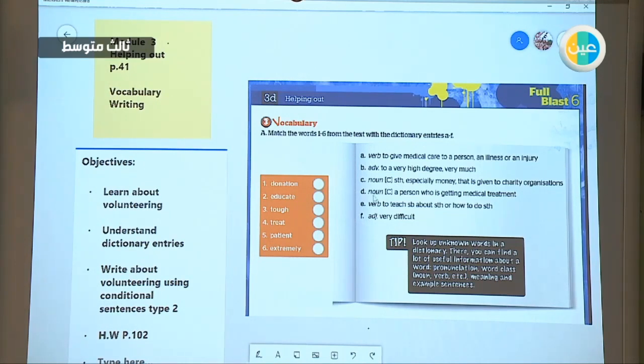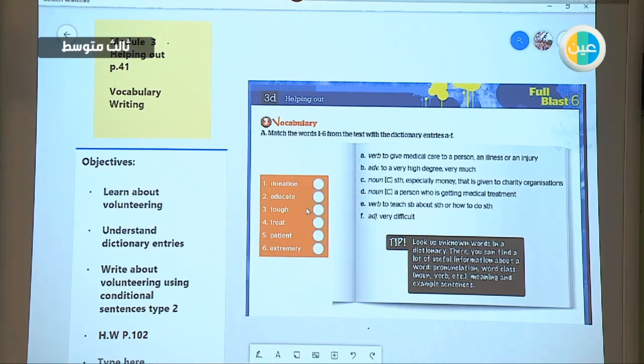D, it's also a noun, a person who's getting medical treatment. E, it's a verb, which means to teach somebody about something or how to do something. F, it's an adjective, which means very difficult. Now, I want you to match them with their words here.